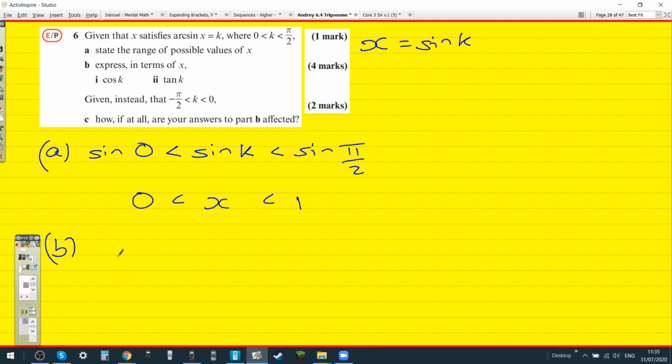So I know that x is sine k. So do I need to now find out how many cos k's are in sine k or something? You would use an identity that allows you to swap between sine and cos. Is it tan?